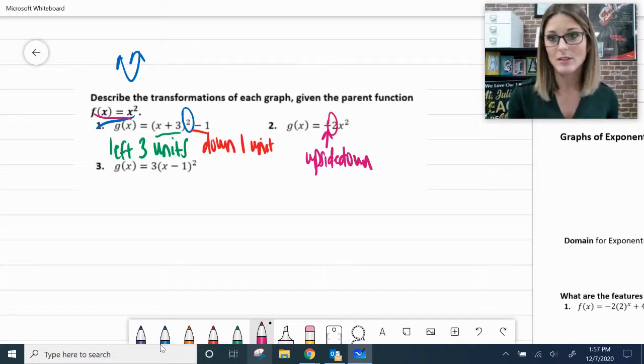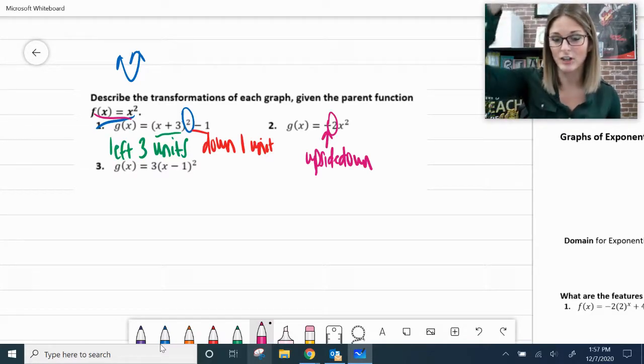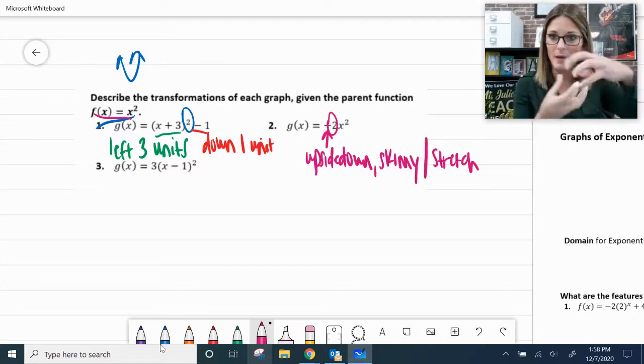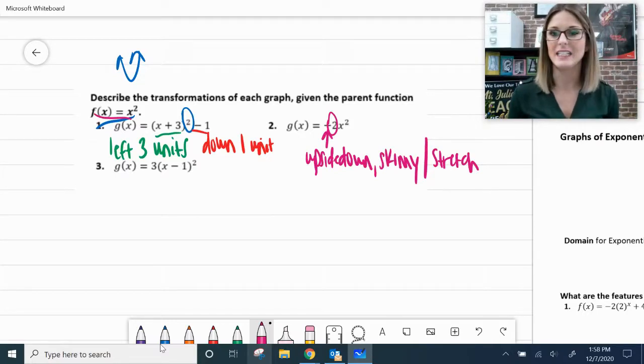And then the 2 is also a separate transformation. If you have a whole number in front of your function, it's going to stretch it vertically. So this is going to become a skinnier parabola. So write skinny, it's called a stretch. If I think about pulling it and stretching it vertically, it's going to get skinnier.